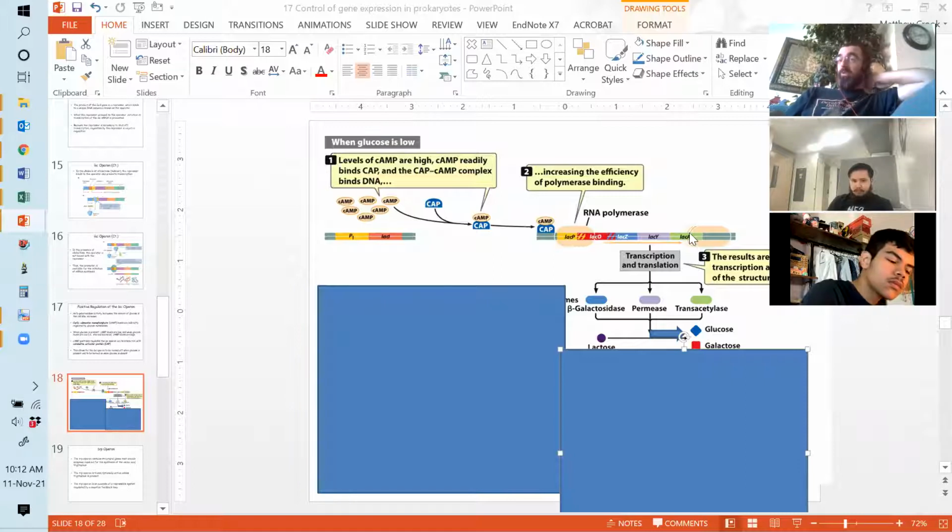So lac operon expression can occur because there's no LAC-I bound to the operator. Right, so we've switched the operon on.